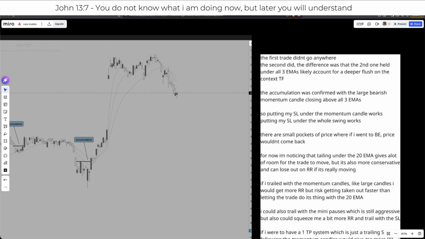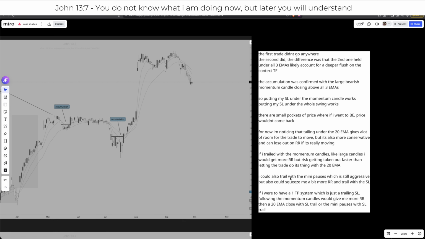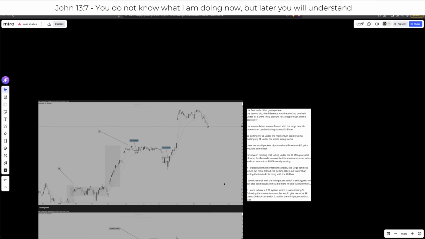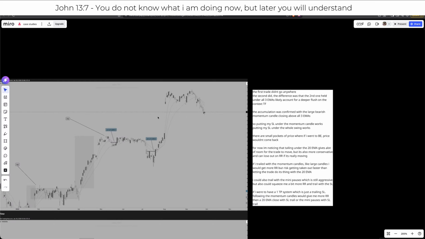I would consider these right here, visibly large candles like that, to be momentum. I would get the most RR from that. So if I were to have a 1 TP system, which is just a trailing stop loss, following the momentum candles would give me more RR than a 20 EMA close with a stop loss trail, or the mini pauses with a stop loss trail. So that's everything dissected.